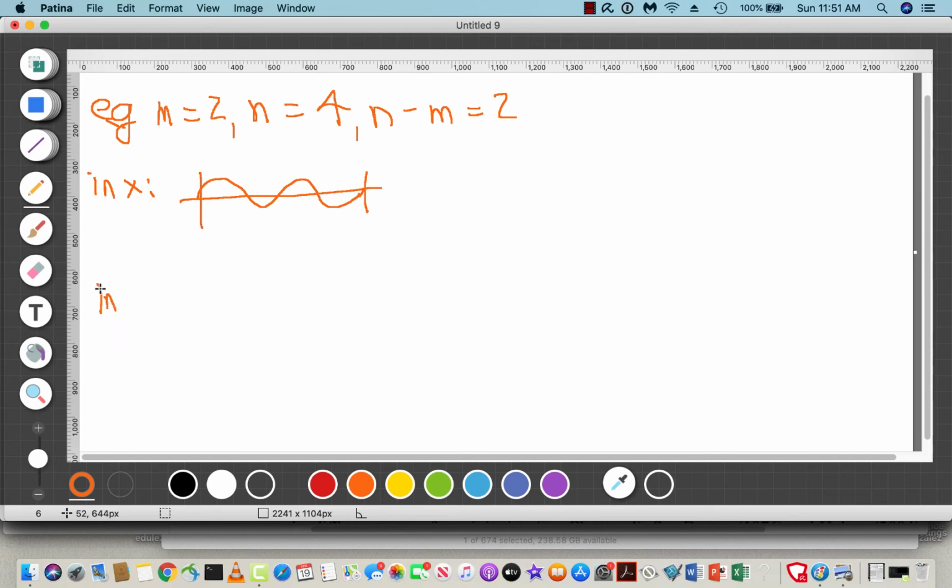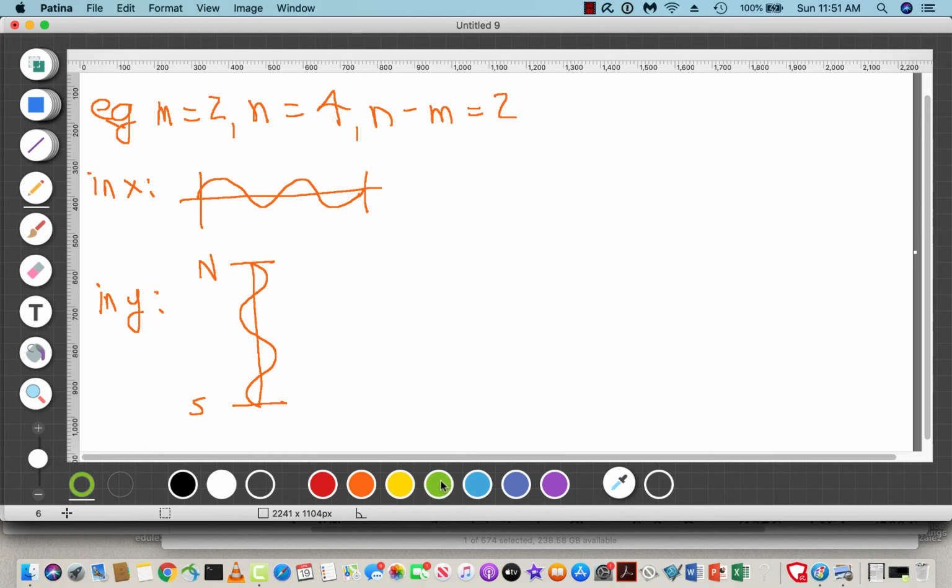And then in the y direction, which goes from north to south like this, we now have 2 waves. So we have plus, minus, plus, minus.